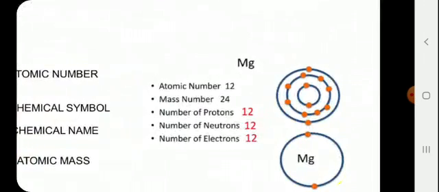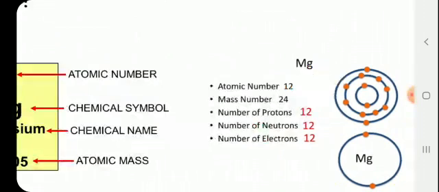Atomic number is 12 means number of protons 12, then mass number is 24. So number of neutrons can be calculated by subtracting the digit 12 from 24. So number of neutrons are 12 and number of electrons are also 12. So number of protons and number of electrons should be equal.